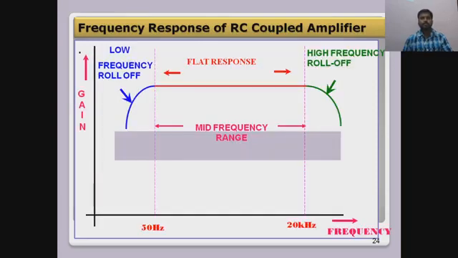The frequency response of the RC coupled amplifier is shown here. Here you see the low frequency roll off. As we have divided the frequency into three parts, low, middle and high frequency, the low frequency roll off is shown here, which is falling down. The frequency response curve of the RC coupled amplifier is drawn between the gain and frequency.